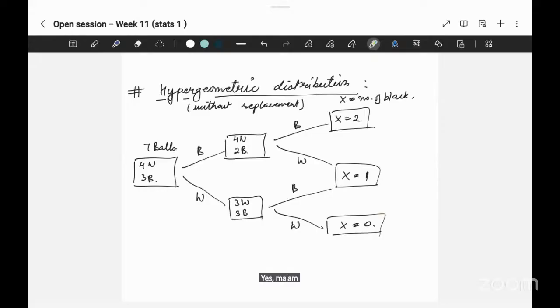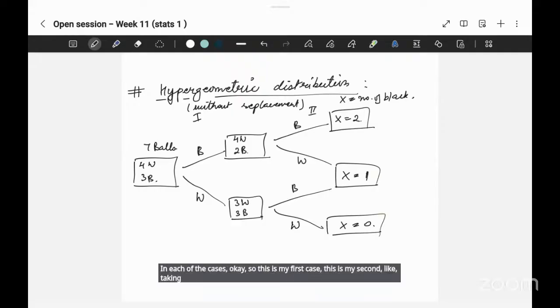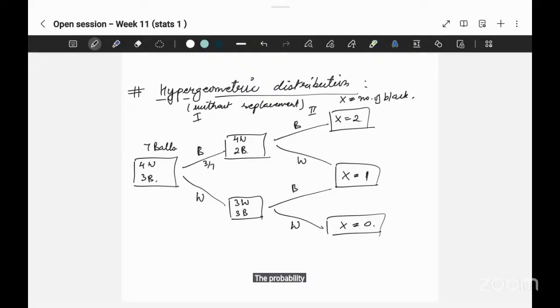Correct. Now, if you see in each of the cases, this is my first case, this is my second, taking out the balls. In the first case, the probability of taking out the black ball is 3/7. Similarly, for the white ball it will be 4/7.